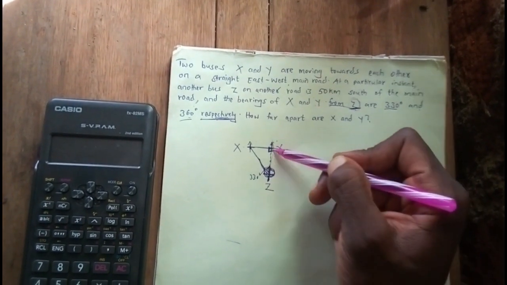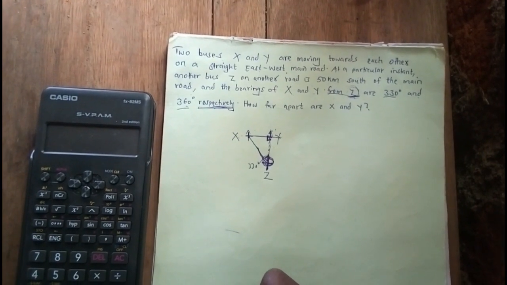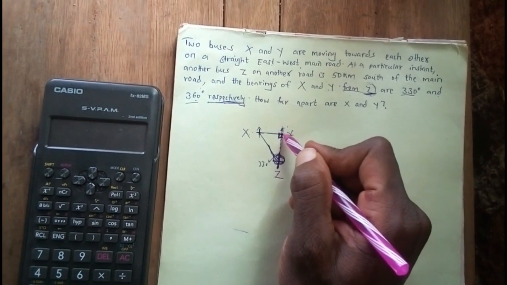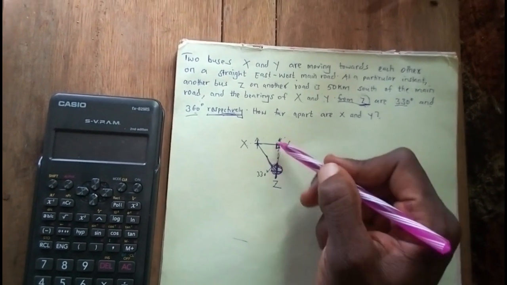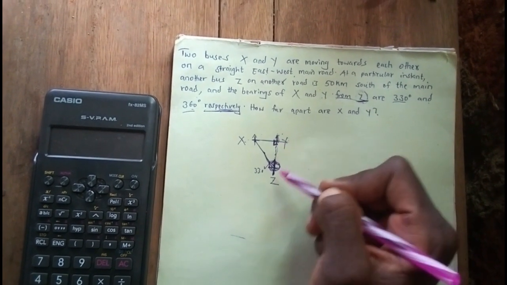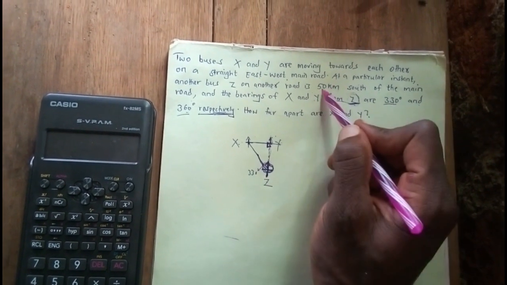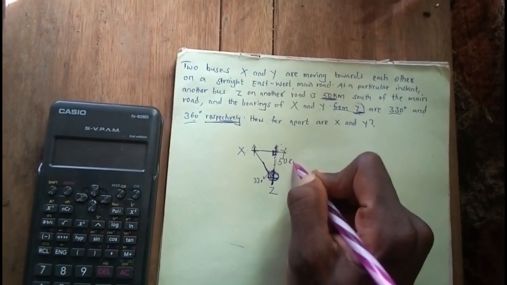So since this is point Y and this is point Z, and Z is south of XY, which is the main road, YZ is how many kilometers? 50 kilometers. So we have 50 kilometers there.